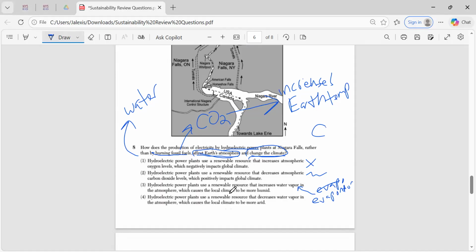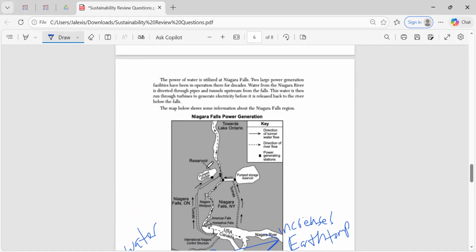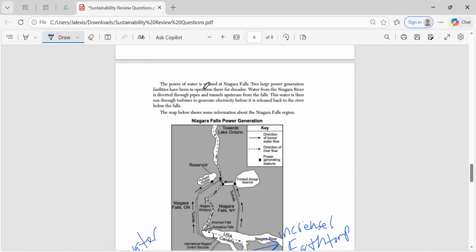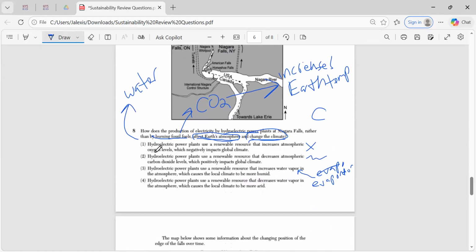I know my writing is horrible, but it's supposed to be evaporation. I don't think the reading talks about how hydroelectric power plants are increasing evaporation, and I don't see anything mentioned about how it's producing water vapor. So maybe I'm going to pass by this choice.